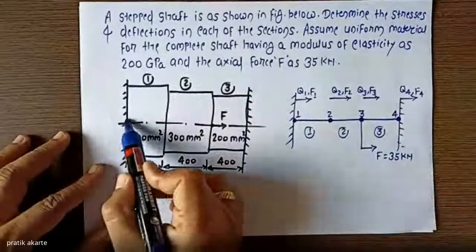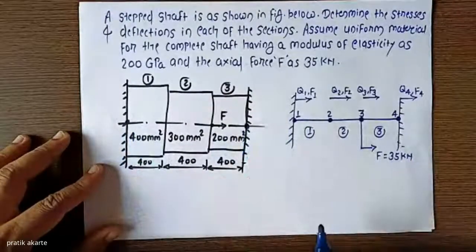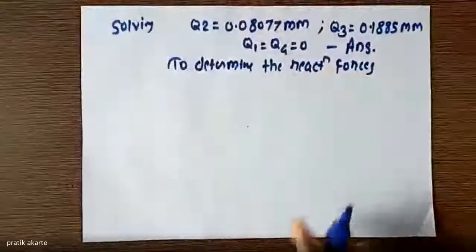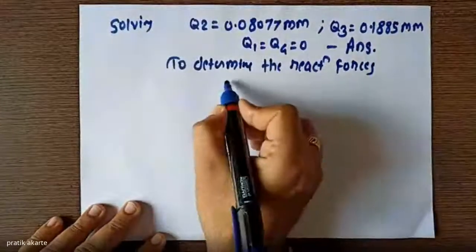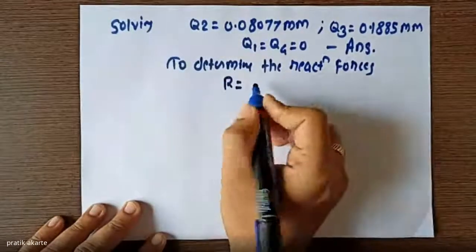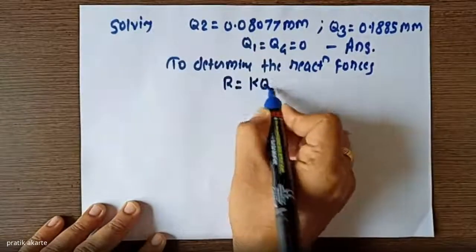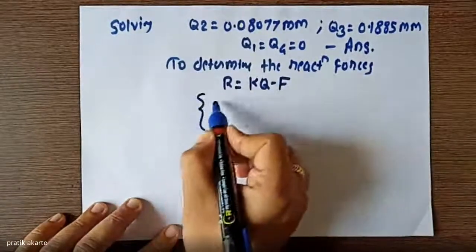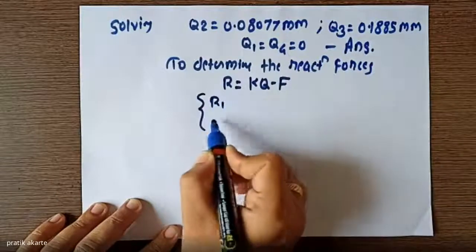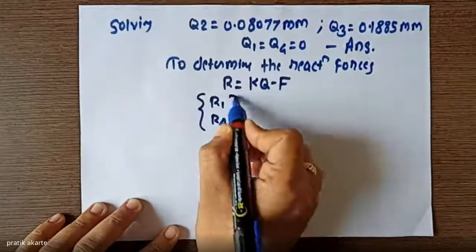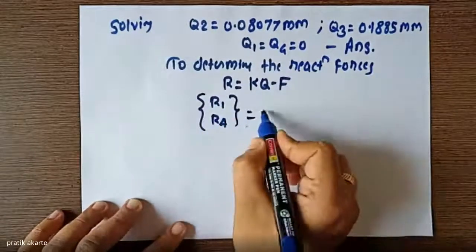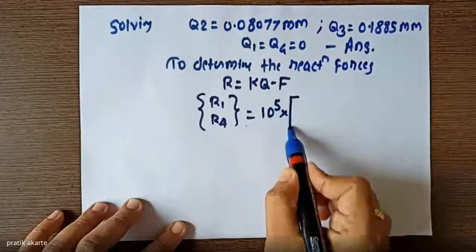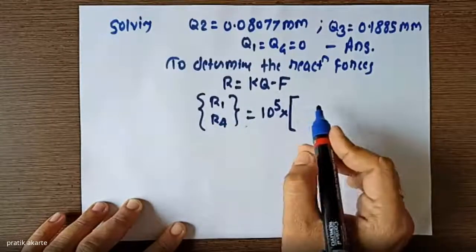Since node number 1 and node number 4 are fixed, we'll be getting the reaction forces at these two nodes. So for that, we'll write the equation: reaction force R is equal to KQ minus F. Since reaction forces are at node 1 and 4, R1 and R4, into 10 to the power 5, we'll write the rows for R1 and R4 only.